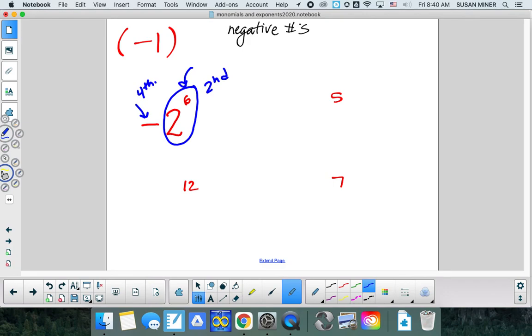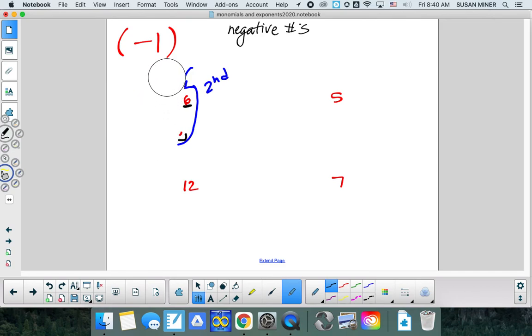Remember, the other thing that we talked about with exponents is they only apply to the base that's immediately in front of it. And so even though this negative is that 2's best friend in the whole world, and they're stuck like glue, the exponent is only being applied to the 2, not the negative.